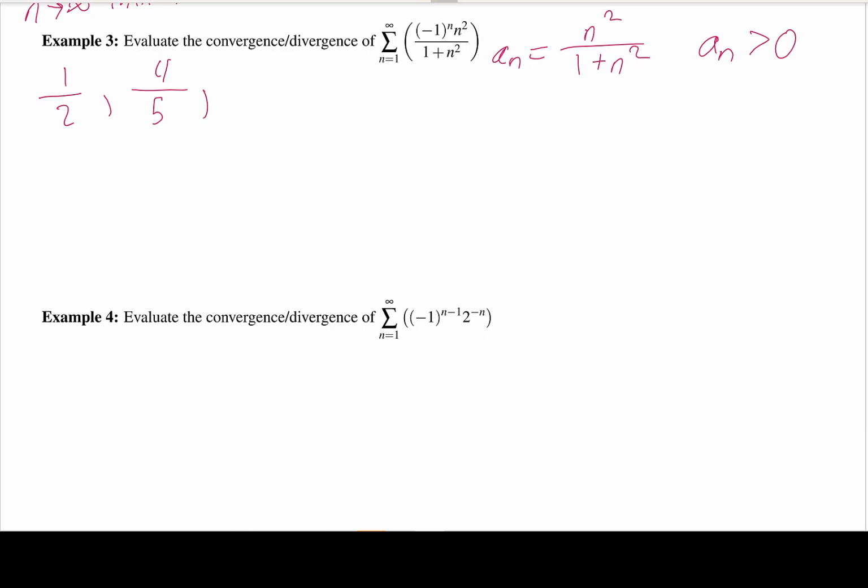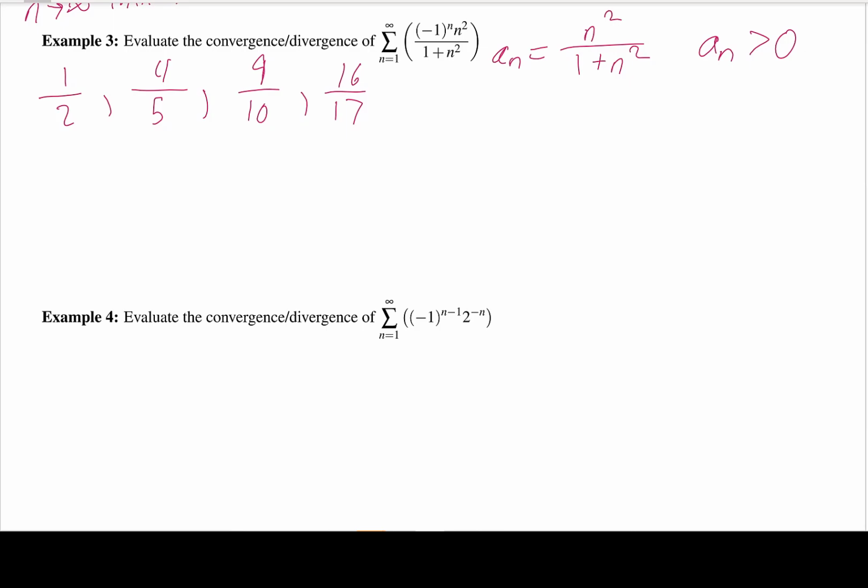If I plug in 3, we'll have 9 over 10. If I plug in 4, we'll have 16 over 17. So what we have here is a sequence that is clearly not decreasing. Just going from 1/2 to 4/5 is enough. We know that this thing is not decreasing.